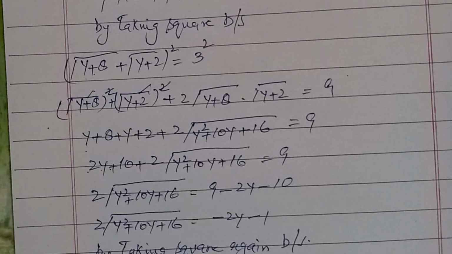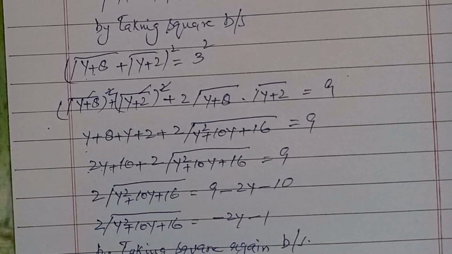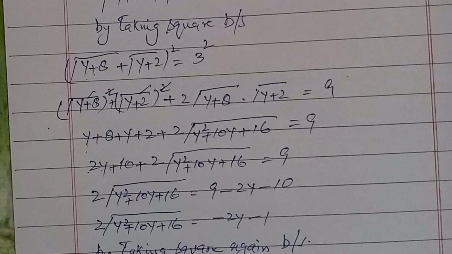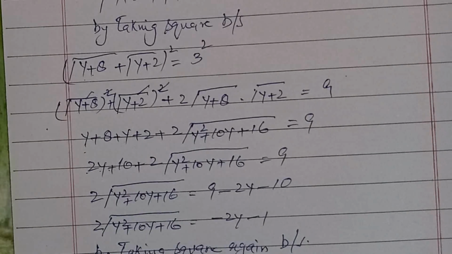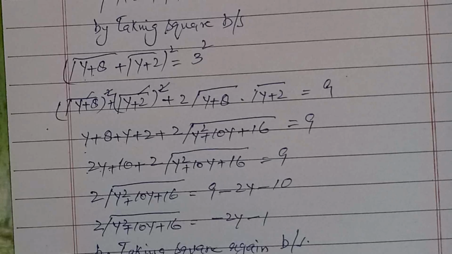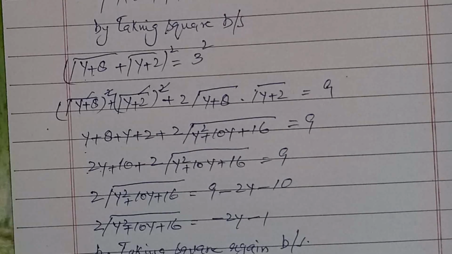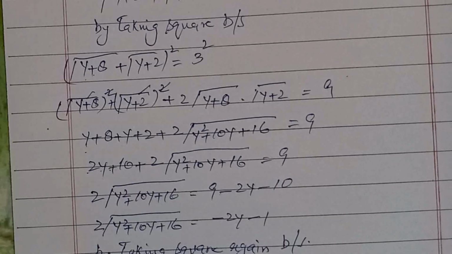Now simplify these values, we get 4 times y square plus 10y plus 16 is equal to 4y square plus 1 plus 4y. Now simplify these values by multiplying 4, we get 4y square plus 40y plus 64 is equal to 4y square plus 4y plus 1.